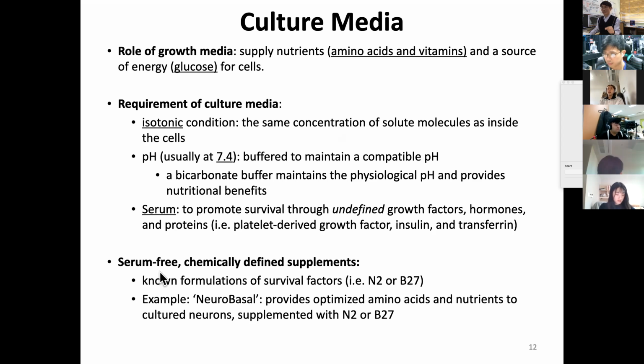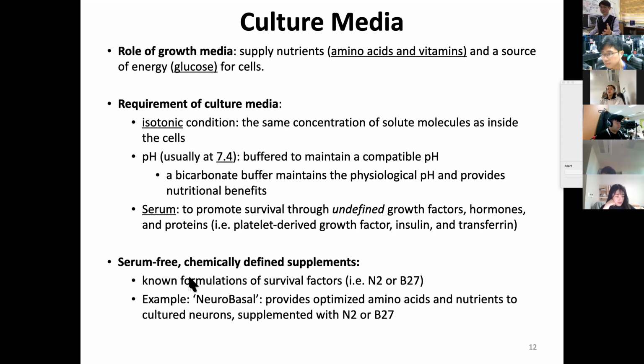That's why serum-free chemically defined supplements are sometimes used, okay? Because they have a known formulation of survival factors. Examples are N2 or B27 with neurobasal media. Neurobasal media provides optimum amino acids and nutrients to culture neurons, okay?